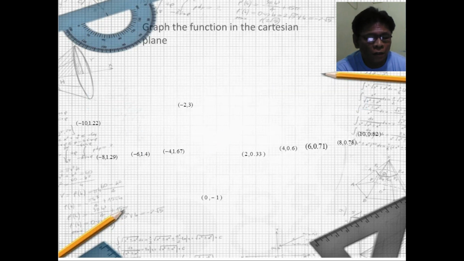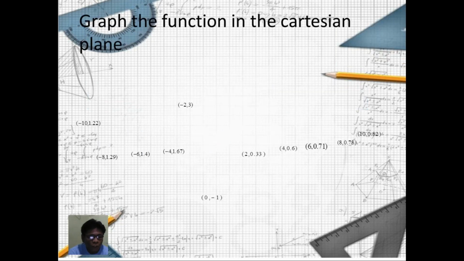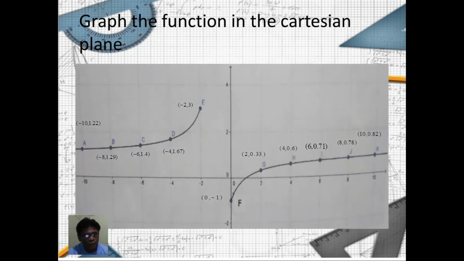Let us now plot the points in the Cartesian plane. This is now our graph. Point A has coordinates negative 10, 1.22, point B is negative 8, 1.29, point C is negative 6, 1.4, and so on and so forth.